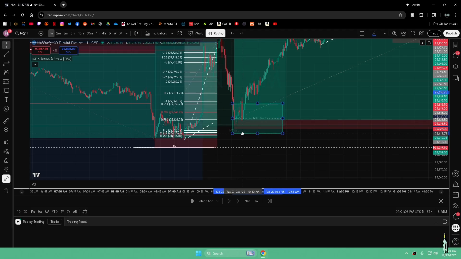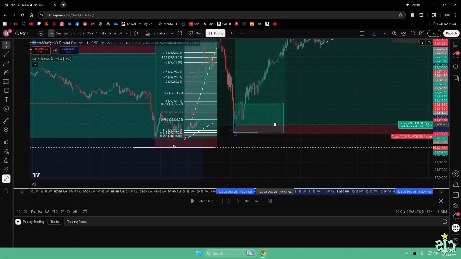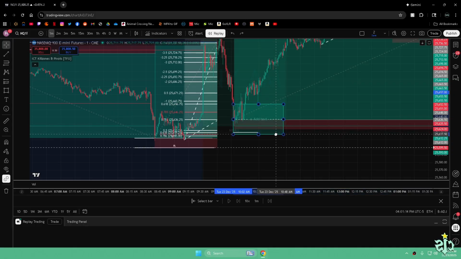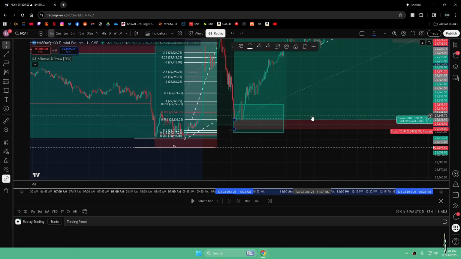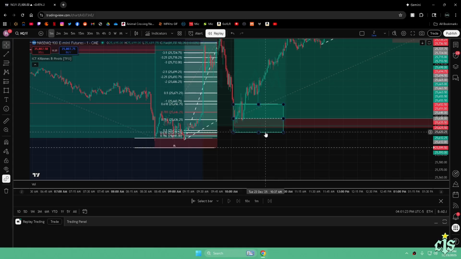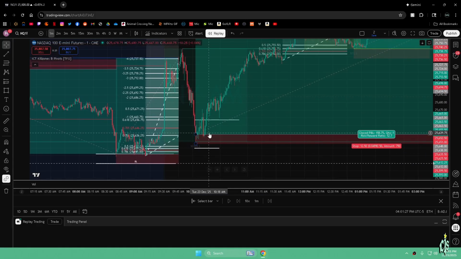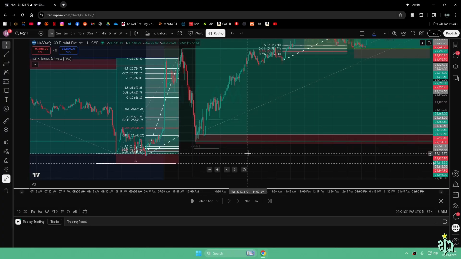So technically this should be right here, and this one should be like this. There you go. So we have the mid-range of our OTE. You see how it consolidates in the mid-range? So that's our OTE spot.